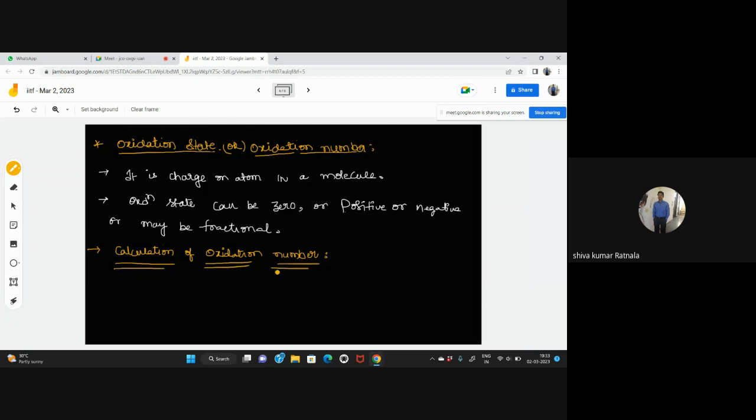So calculation of oxidation number, how to calculate? These are nothing but rules.